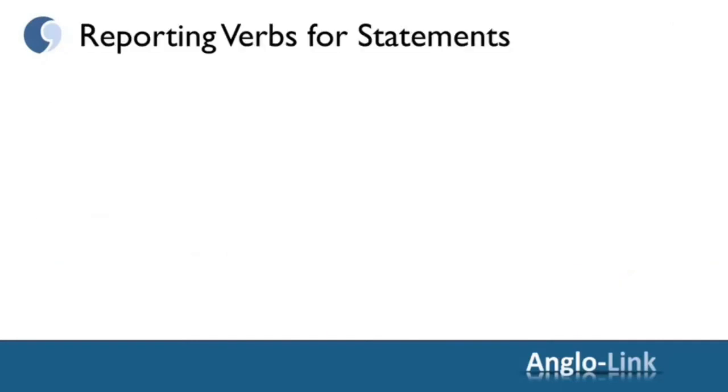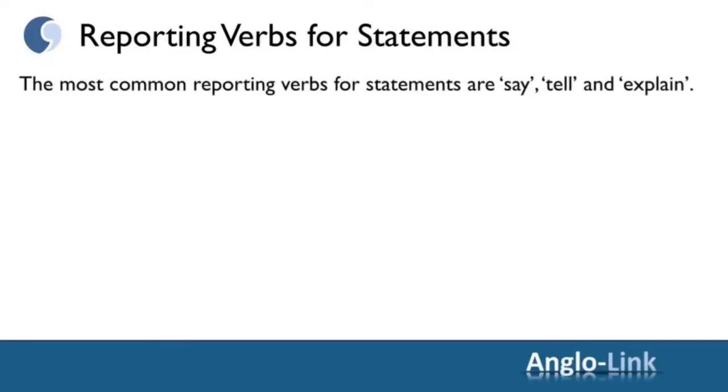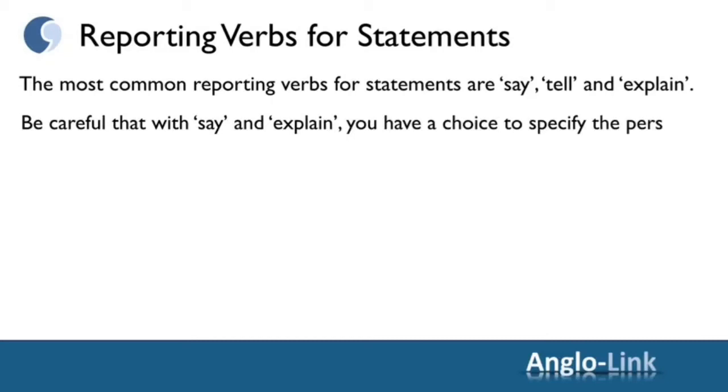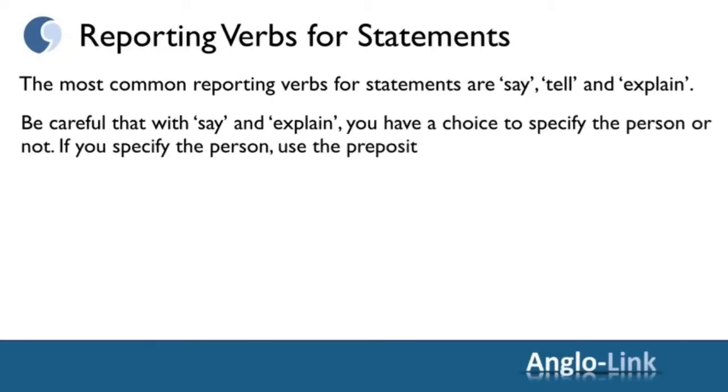Okay? There are many reporting verbs for statements, however, but the most common reporting verbs are say, tell, and explain. So be careful that with say and explain, you have a choice to specify the person or not.